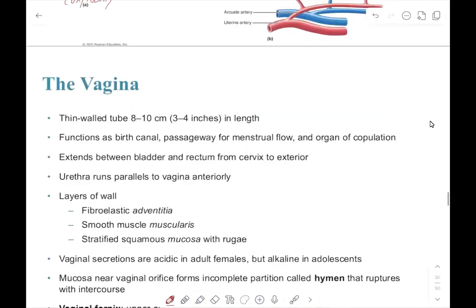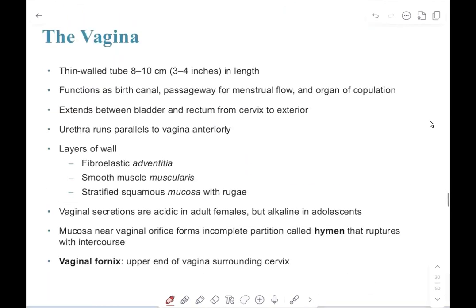The next slide is the vagina, and the vagina is a thin-walled tube. The urethra runs parallel to the vagina, but it's anterior to it. It extends from between the bladder and the rectum, from the cervix to the exterior, and it's longer posteriorly than anteriorly.